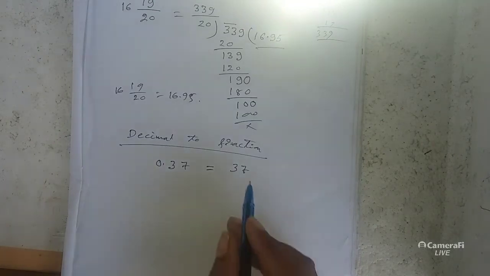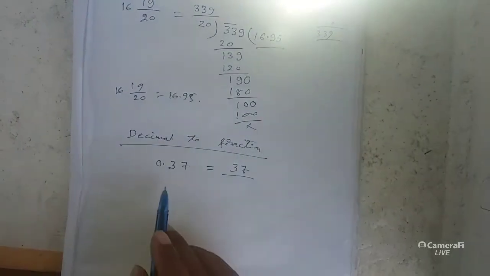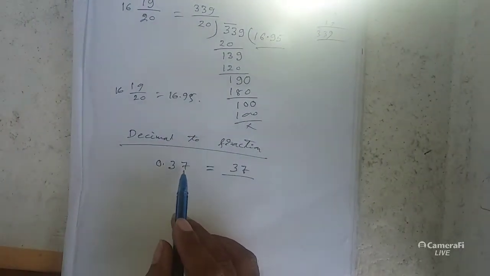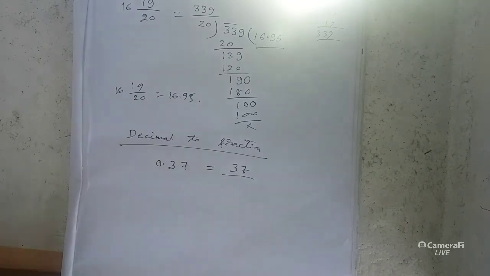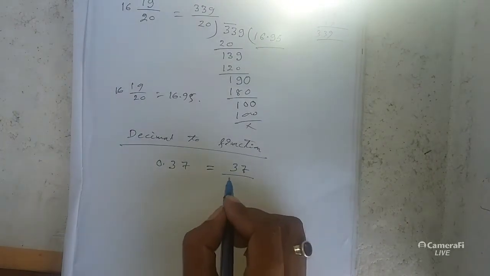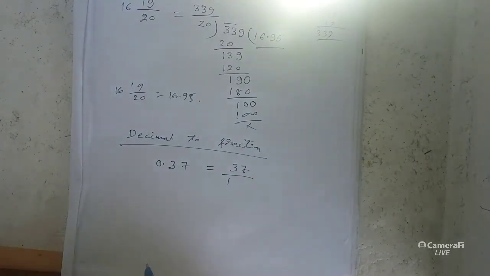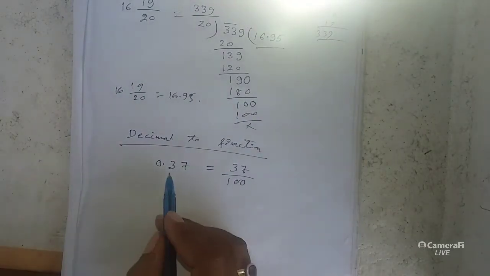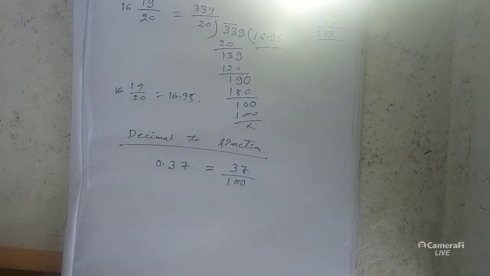Now, what will be the denominator for the fraction? For the denominator, see after the decimal how many digits are there? After the decimal 2 digits. So, we have to take the denominator as 1 and then 2 zeros. For 2 digits after the decimal, we get 2 zeros.